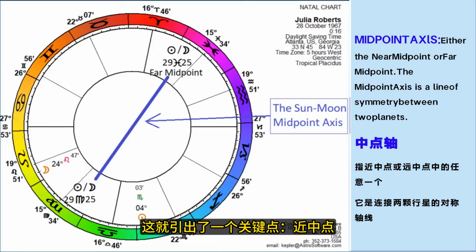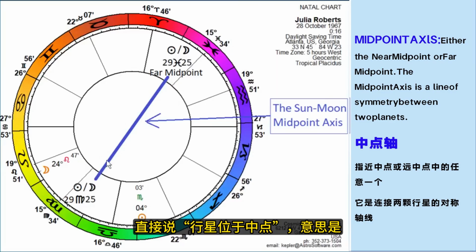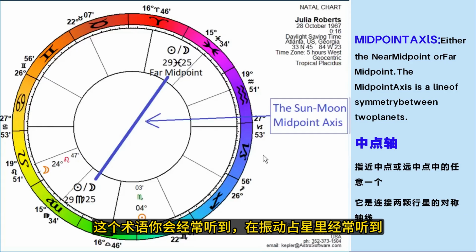Now this leads to an awareness that sometimes we don't really distinguish near and far midpoint. We'll just say a planet is at the midpoint, meaning it's either at the near midpoint or far midpoint. And these 2 points, near and far midpoint, are sometimes referred to as the midpoint axis. So you'll hear this term a lot.